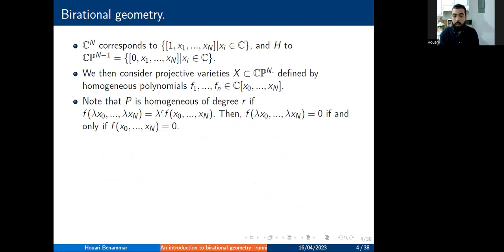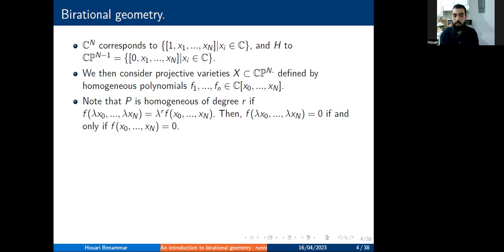We remark that Cn corresponds to the set of points where we fix x0 equal to 1, and we move all the numbers x1 until xn.